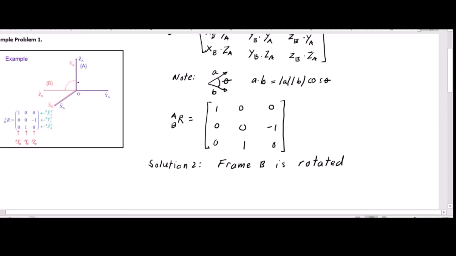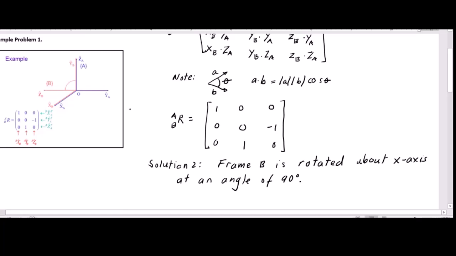If you look at the direction of rotation, it is rotated about the x-axis, at an angle of 90 degrees, as you can see.